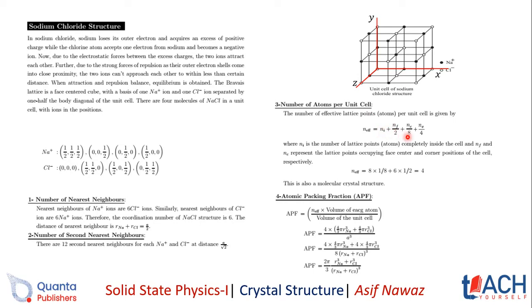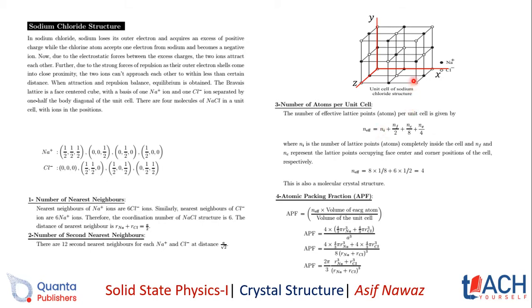one atom at each corner of the cube, so there are 8 corners, 4 on this side and 4 on this side, so 8/8 corners came in. At the face centers we have one each, there are 6 faces, so 6 come from here. Then we have chlorine atoms.